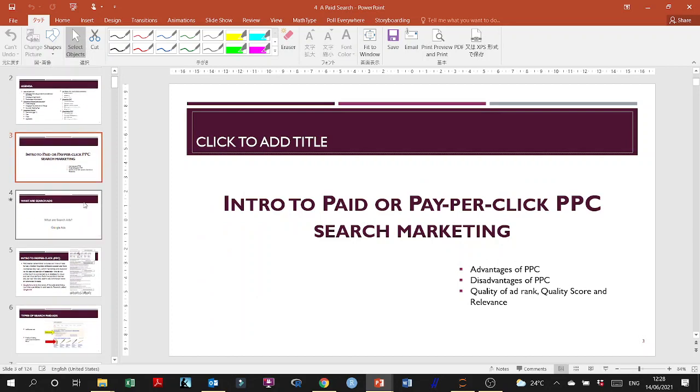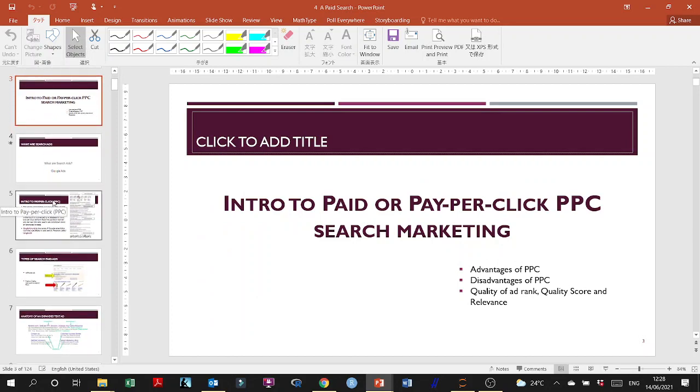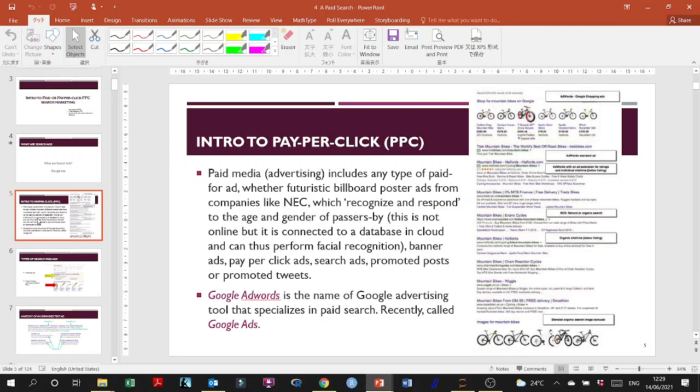So at the very beginning we talked about an introduction to paid search. In fact, we talked about the most important part of paid search, its advantages over the traditional marketing. First, we talked about the advantages of pay per click. It's performance based. It is more toward targeting a more specific audience.